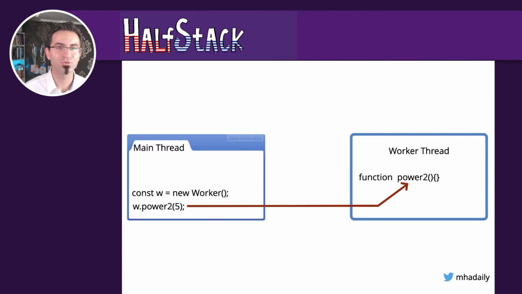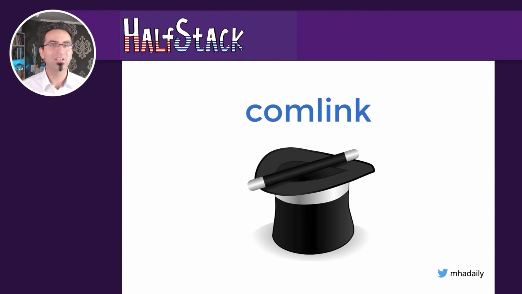Let's say, for instance, we just call a function from the main thread directly to the worker thread, and then it's a promise, and we are familiar with that, right? So this is the way that we work with JavaScript applications these days. Quite a familiar pattern, right?